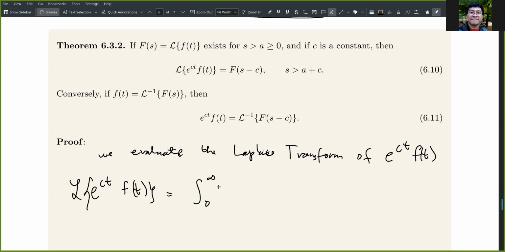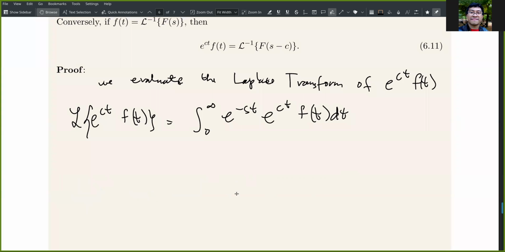So take the integral from 0 to infinity of e^(−st) e^(ct) f(t) dt, which is simply the integral from 0 to infinity of e^(−(s−c)t) f(t) dt.